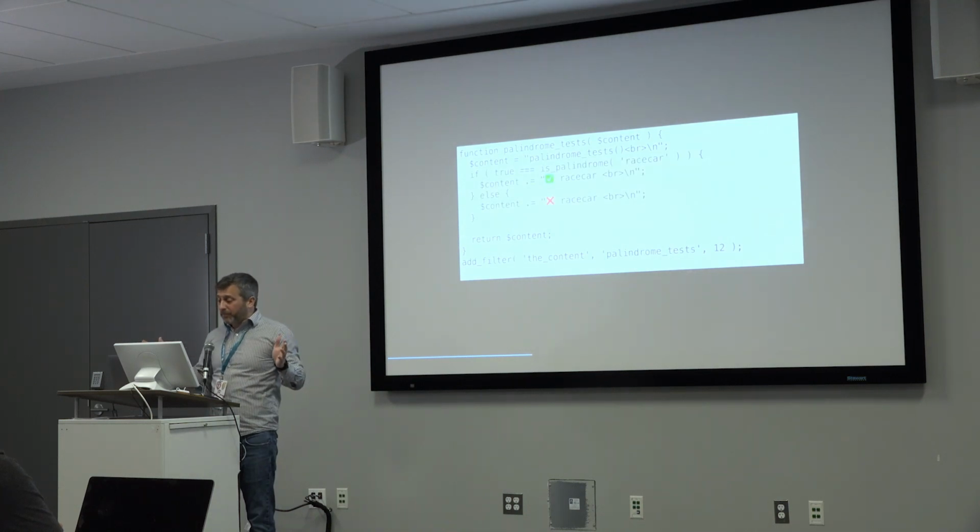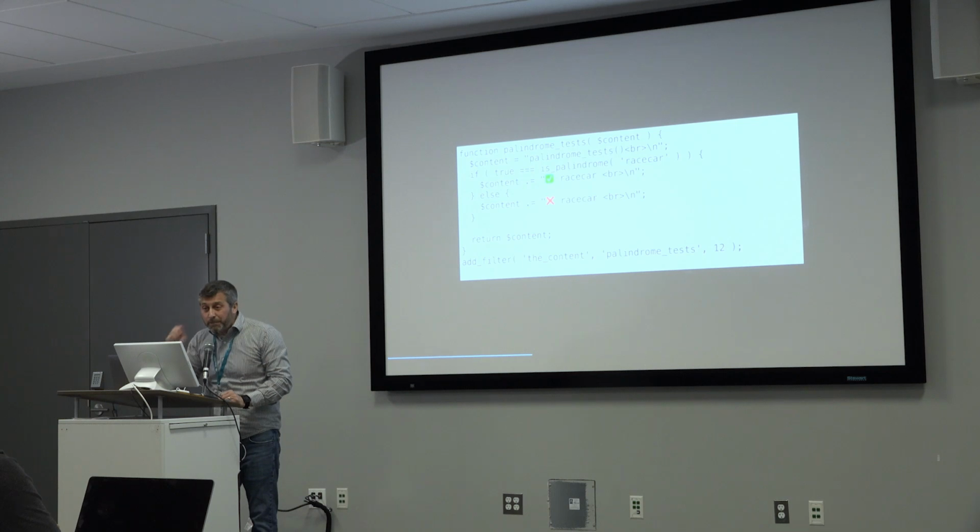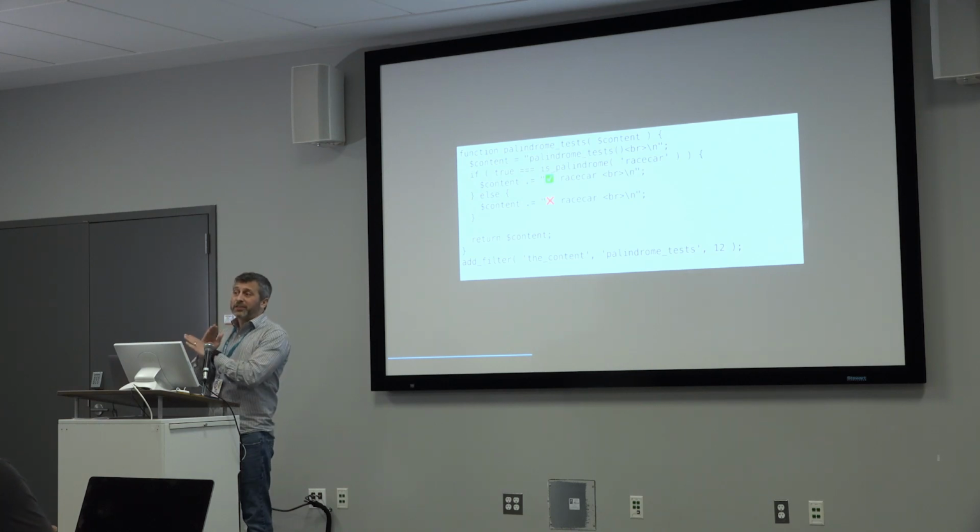Here's some code I'm adding, right? If isPalindrome of "race car" is equal to true, then we are going to put a green check mark because that is our expected value. When we have the string race car, we expect isPalindrome to be true. If that were not the case, we've got a bug and we're going to give ourselves a red X and display that.